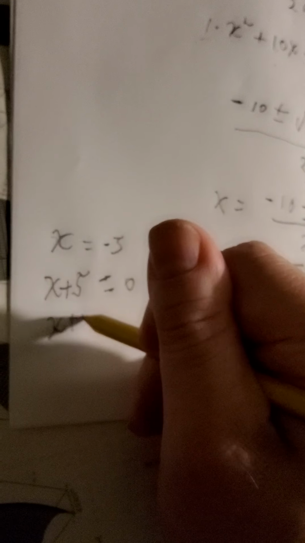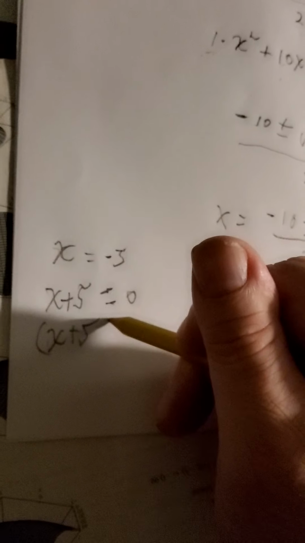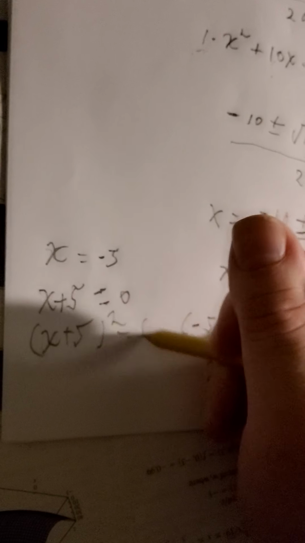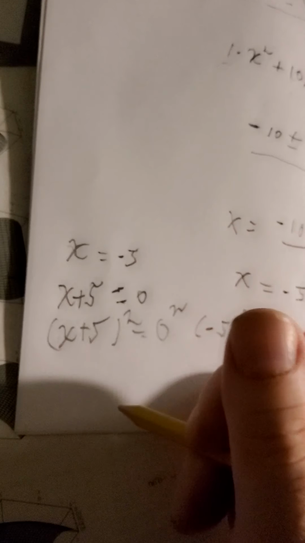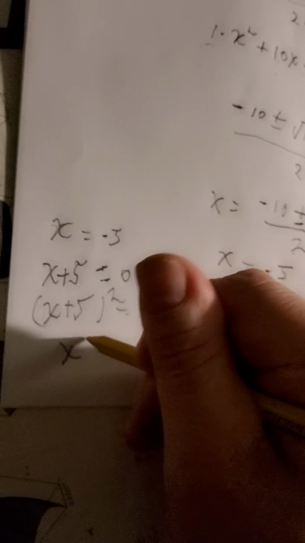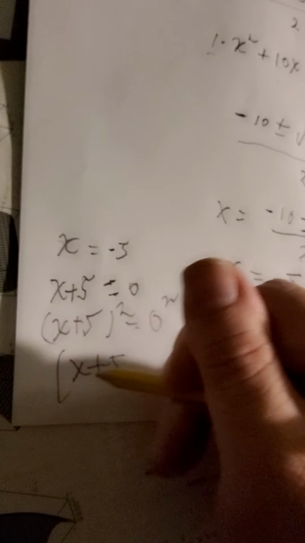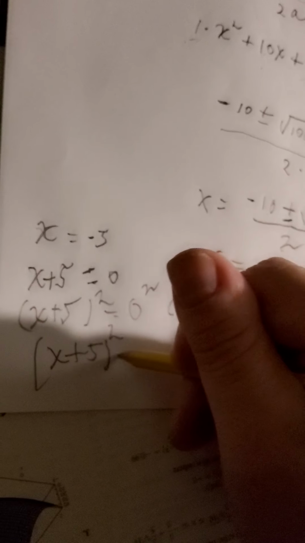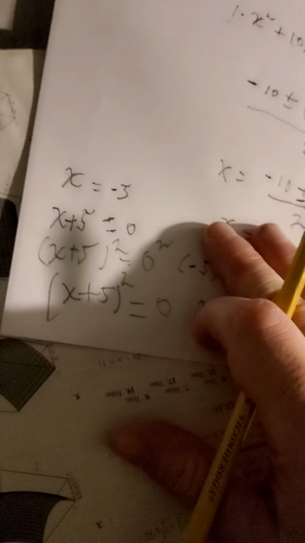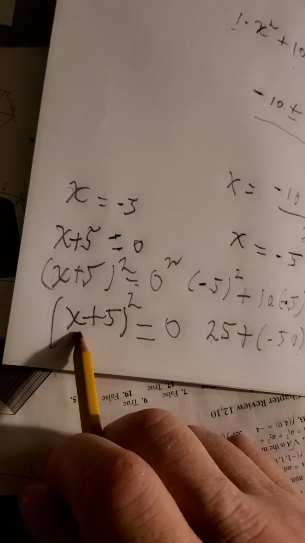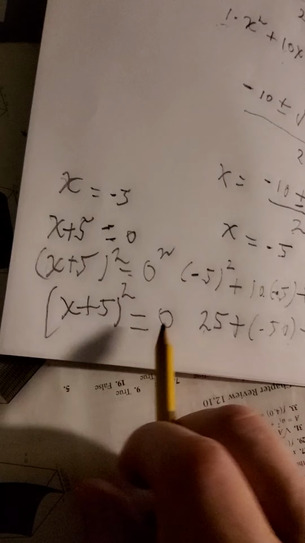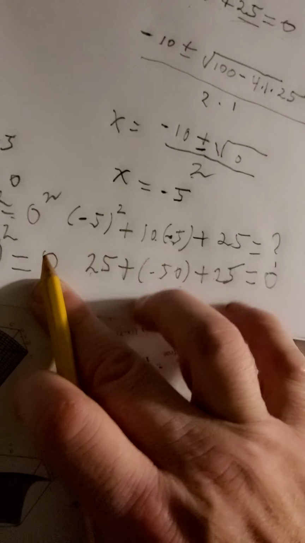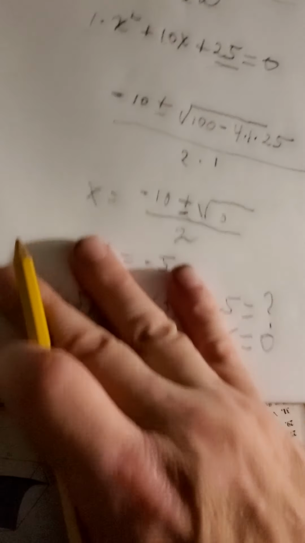X plus 5 squared equals 0 squared. 0 to any power is going to give what? 0. So you could say x plus 5 quantity squared equals 0. Okay? So if you plugged x equal to negative 5 in here, negative 5 plus positive 5 is 0. 0 squared is 0. So it satisfies the equation either way you look at it.